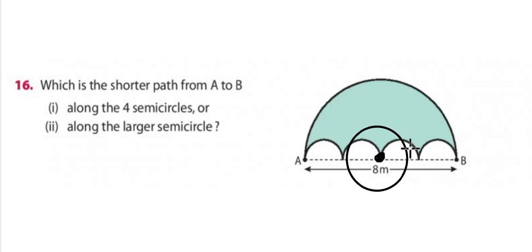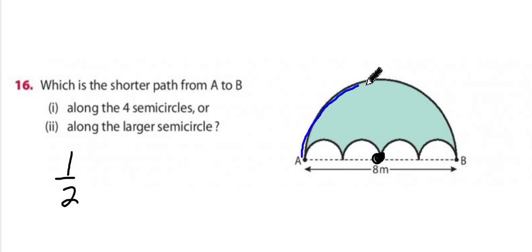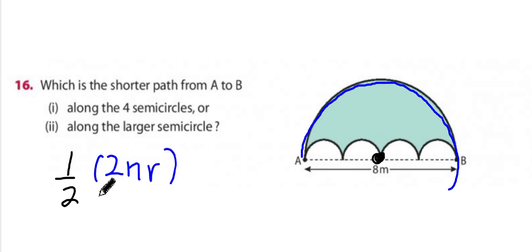Agreed? Oh, sorry, look at not the area, the perimeter. So I'm going to find the perimeter of this blue part here. Everybody see this blue part? Okay, and this blue part is a half 2 pi r. Exact same thing, yeah? Which is just pi r.